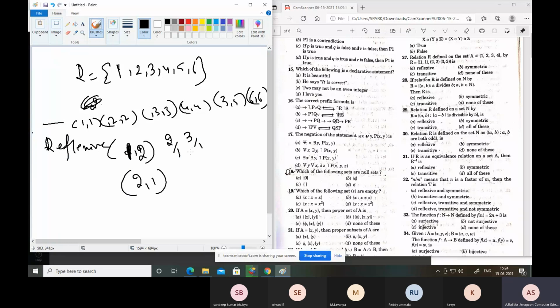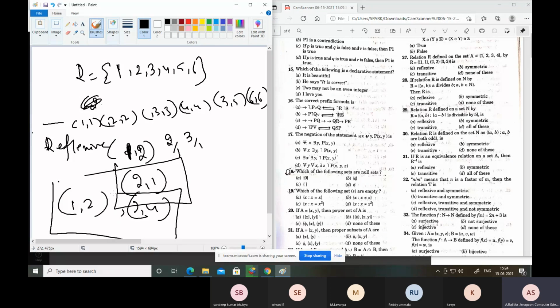And then next, it satisfies reflexive and transitive. Suppose it is 1 comma 2 and 2 comma 4. So this is the transitive property, so it satisfies reflexive and transitive.